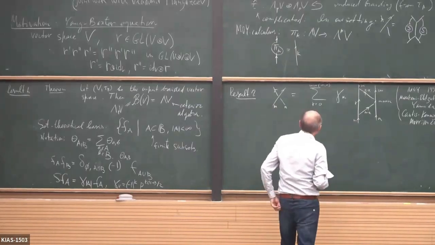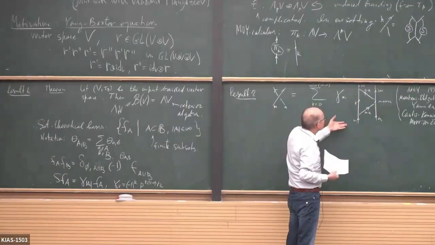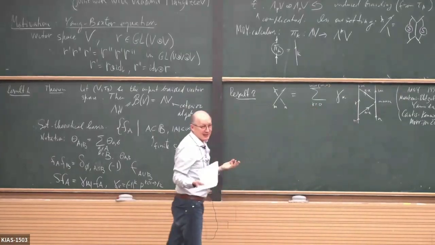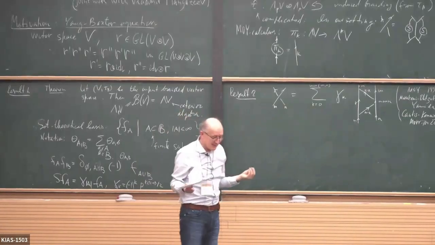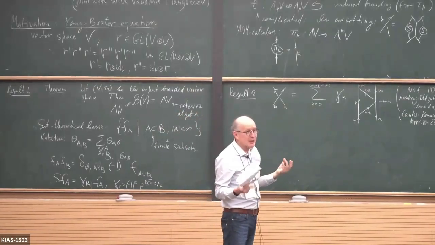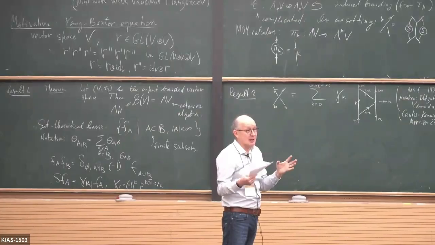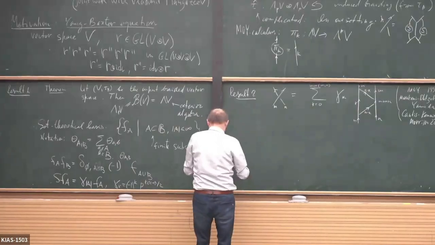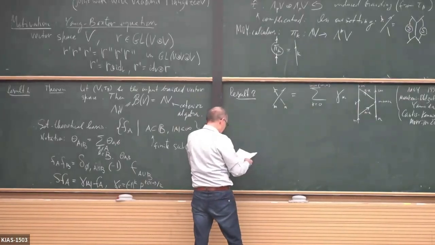And then the question again: can we do better than this in some way? And the answer is yes, in the sense that we can calculate the arbitrary matrix coefficient of it with respect to this basis. So let me explain this.